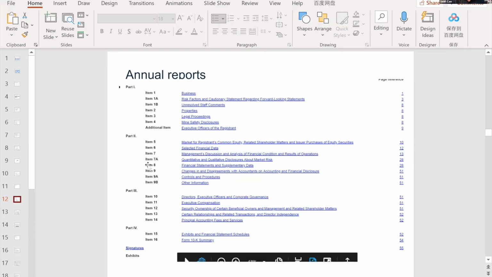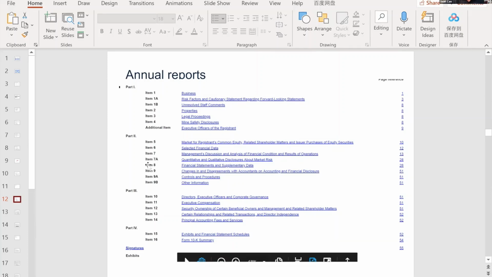One thing I want you guys to be aware of is Item 10 and Item 11. You can also find more detailed information in the proxy statement. The proxy statement covers everything about corporate governance, compensation, directors, auditors, anything. But in the annual report, you can also find some summary information about this.